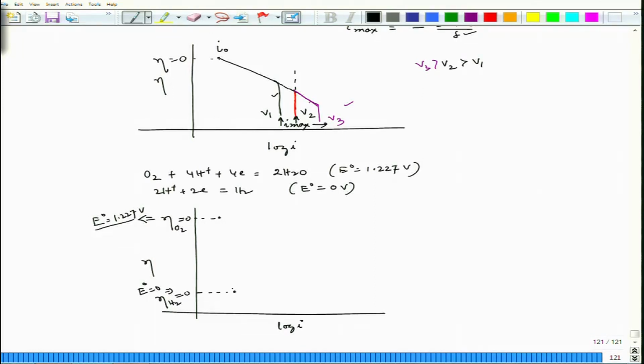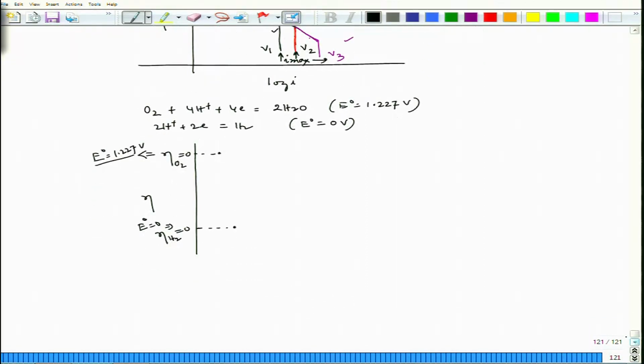Let us say I switch this particular plot a little down, so then only we will be able to see the variation. This is log I, this is I0 for the hydrogen reaction, this is I0 for the oxygen reaction. Now, oxygen will have its own cathodic activation polarization.